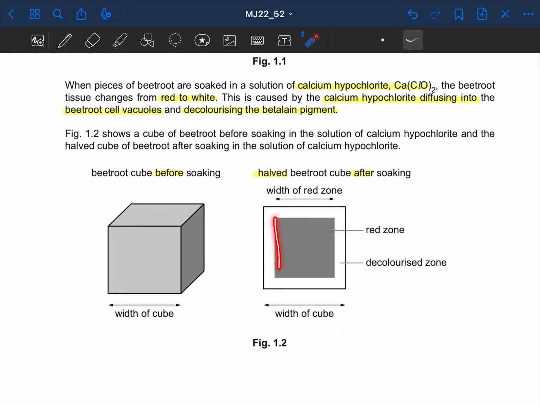The idea of what is going to be measured is the red zone, and here the white area is the decolorized zone as hypochlorite diffuses into the cube.